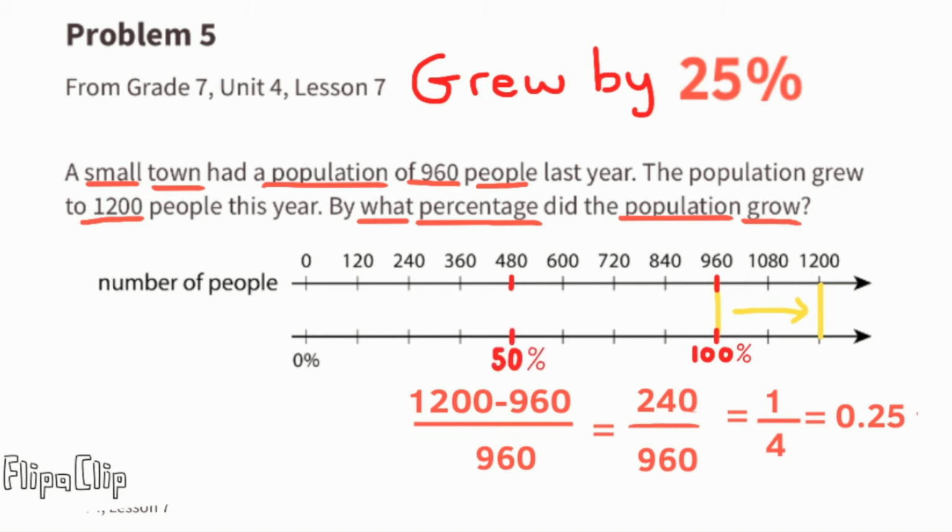We know that half of 50% is 25%, and half of 480 is 240. So underneath 240, we can write 25%. Since the difference between 1200 and 960 is 240, and 240 is 25% of 960, we know that the population grew by 25%.